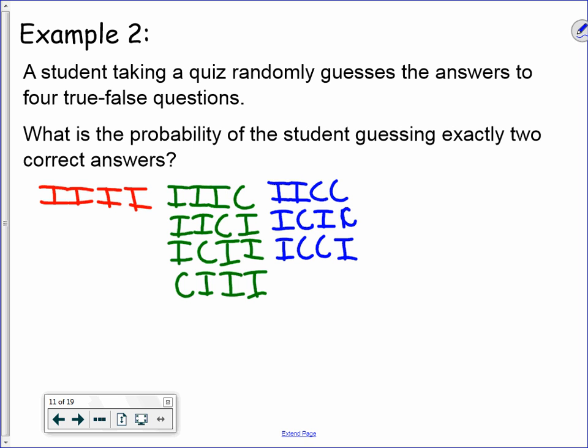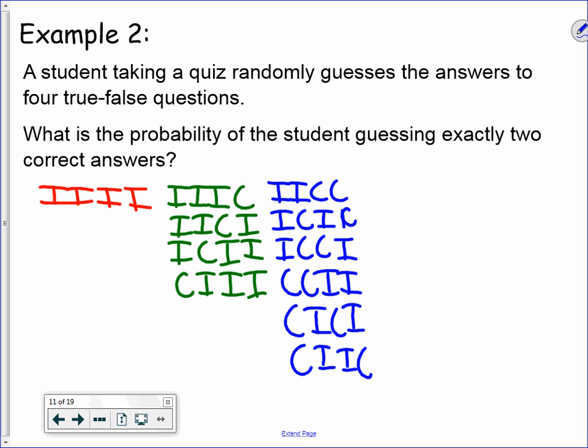And then you also have your possibilities of correct being first. So correct, correct. And then correct, incorrect, correct, incorrect. I do believe I have all of the possible outcomes for that one. And then you've got, just like having 3 incorrect and 1 correct, you could do the same thing with correct and incorrect.